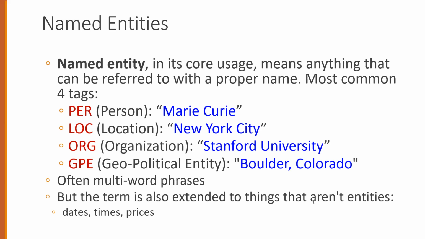Four entity tags are most commonly used. That is PER for person, LOC for location, ORG for organization, and GPE for geopolitical entity. However, the term named entity is commonly extended to include things that aren't entities per se, including dates, times, and other kinds of temporal expressions, and even numerical expressions like prices.